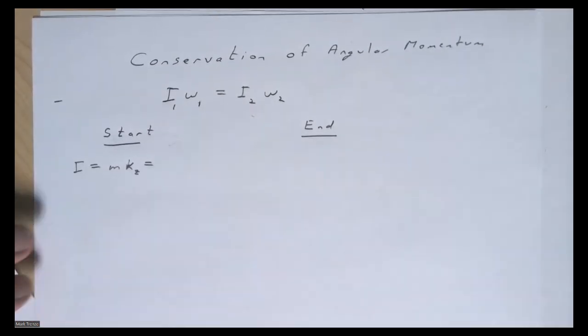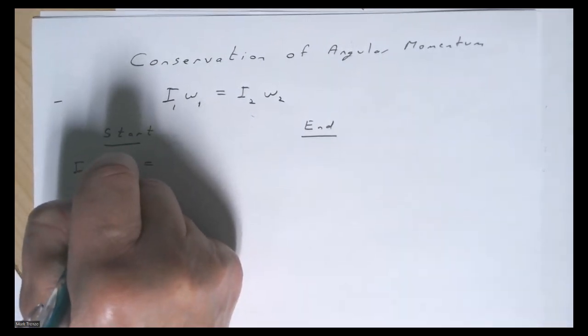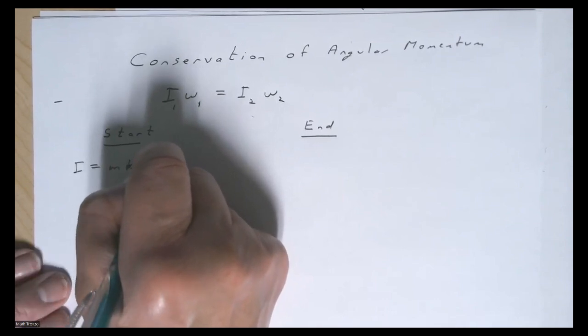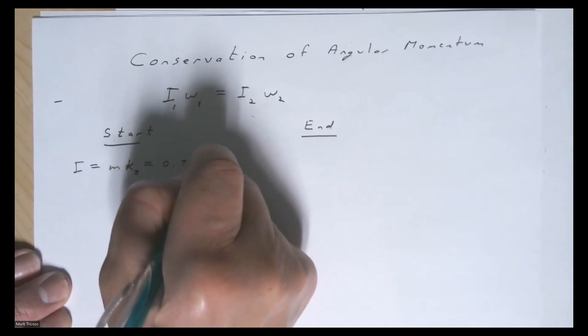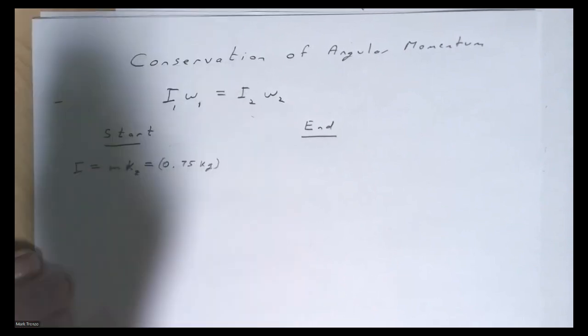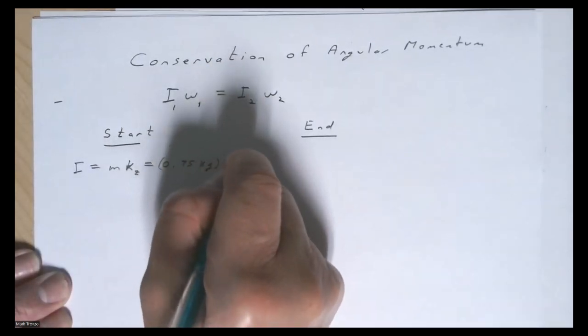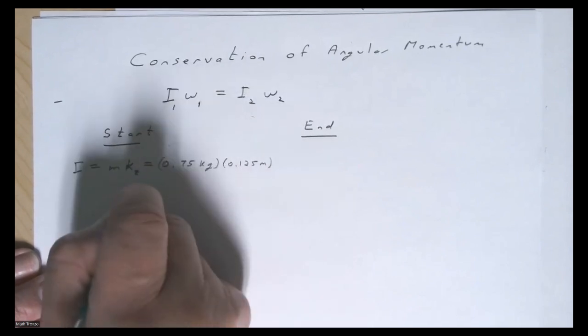And we're given the radius of gyration of that turntable, so we can use just m k squared, 0.75 with 125 millimeters.